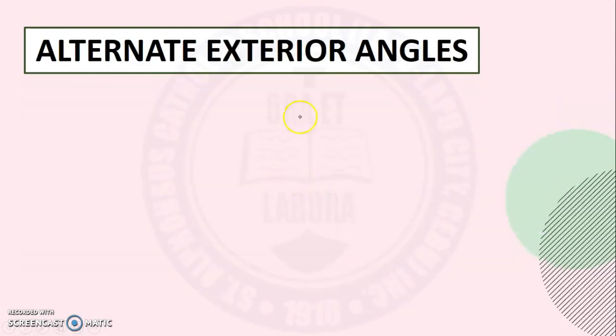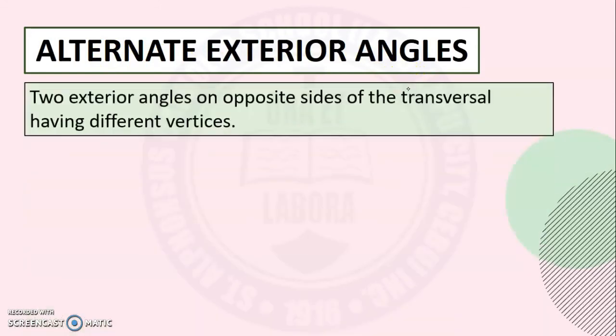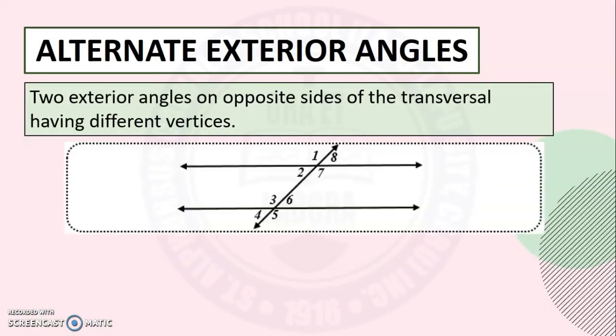Next, alternate exterior angles. When we say alternate exterior angles, it is the opposite of the alternate interior angles. So that means these are 2 exterior angles on opposite sides of the transversal having different vertices. So we will focus on the exterior angles. We have here 1 and 8, 4 and 5.